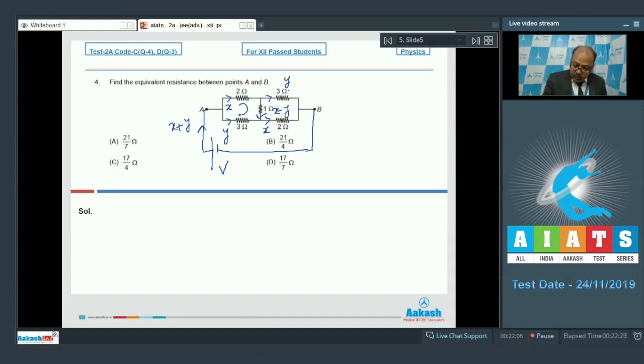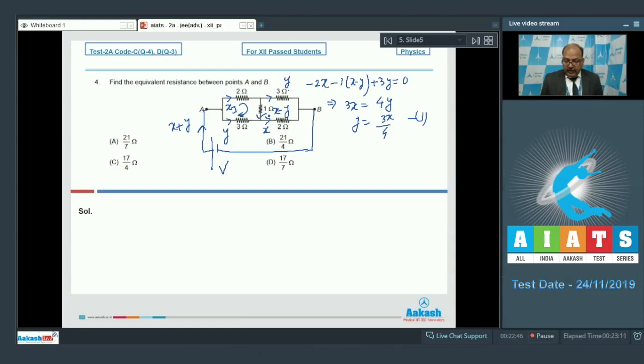Let's first apply the loop law in this loop starting from this point, and the equation we get is minus 2x minus 1 into x minus y plus 3y equals 0, which on simplification gives us 3x equals 4y, or y equals 3x by 4. Let's call it equation 1.